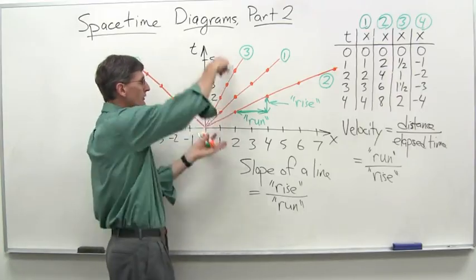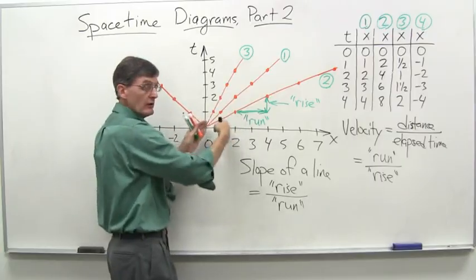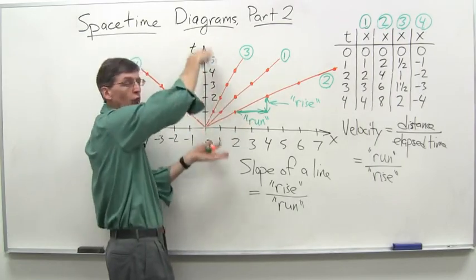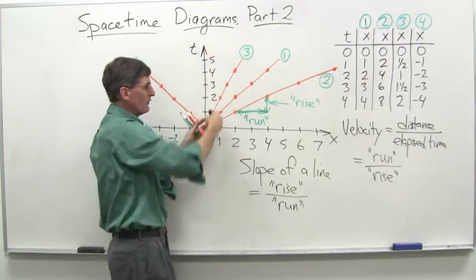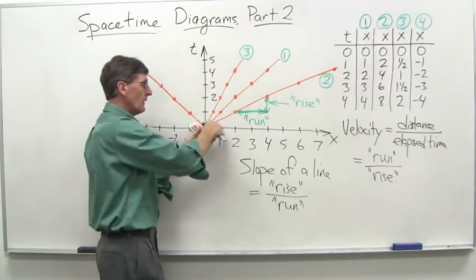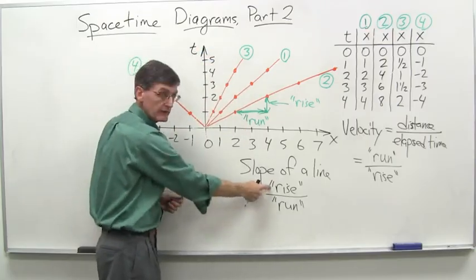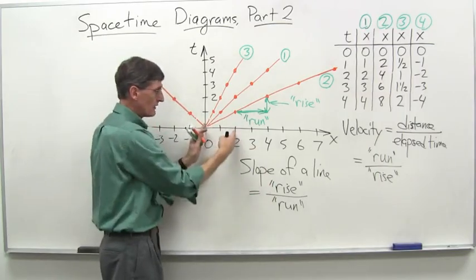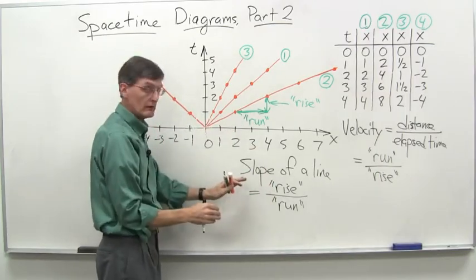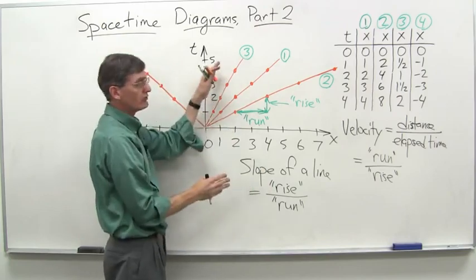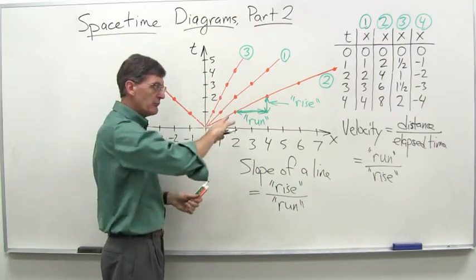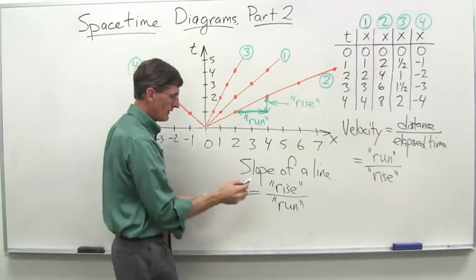It's how far does it rise within a given run. So what's its y value for a given x value? If you have a large difference in y for a small difference in x, you have a big rise over a relatively short run, which gives you a larger number for the slope and a steeper line.